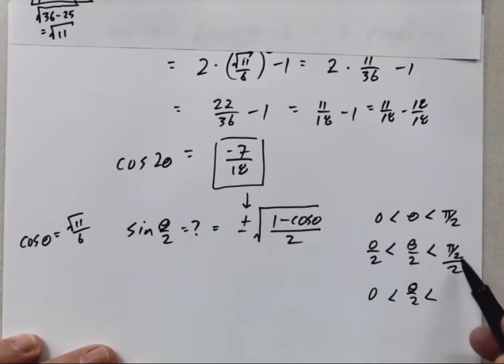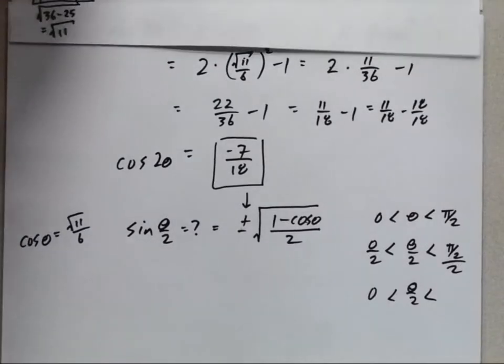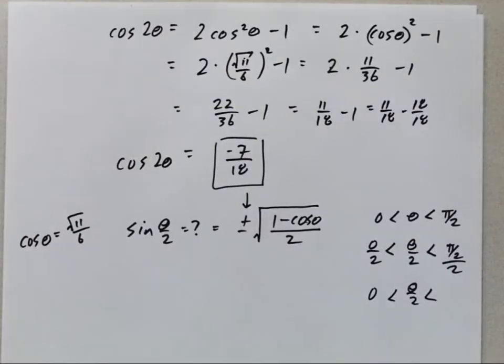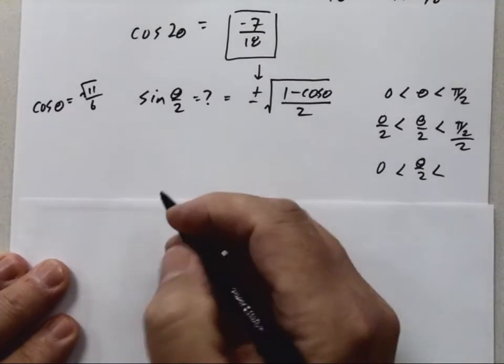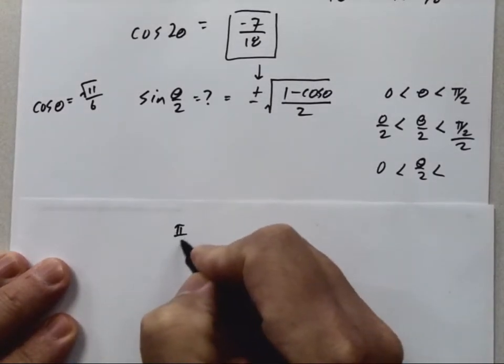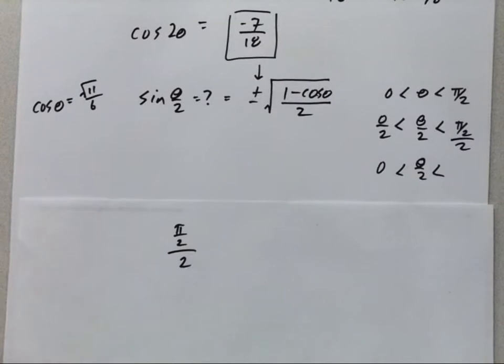Now here's another tricky algebra issue that sometimes people struggle with. Let me grab a separate sheet of paper and work it out. There's a shortcut. Let me show you the actual proper way to do it, then I'll show you the shortcut.